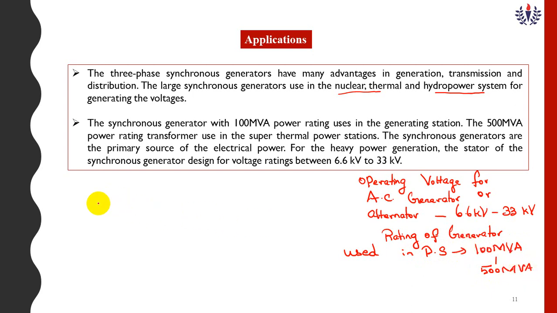But nowadays in hydro stations they are also using 1000 megavolt ampere.